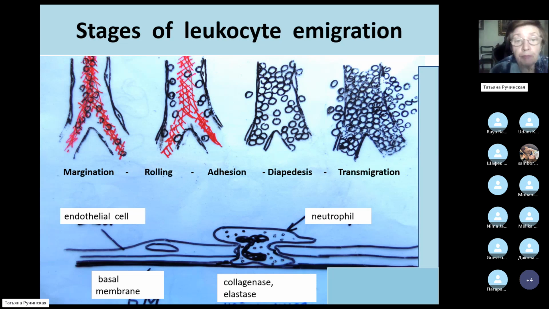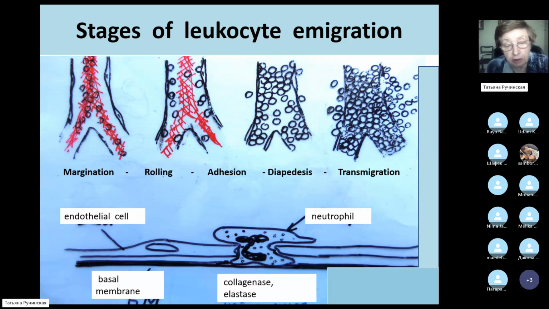Now, at first, these are the stages of leukocyte emigration. You know that there is a question in the colloquium: name the stages of leukocyte emigration. The first is margination, meaning the leukocyte comes out from the middle part of the bloodstream to the periphery.